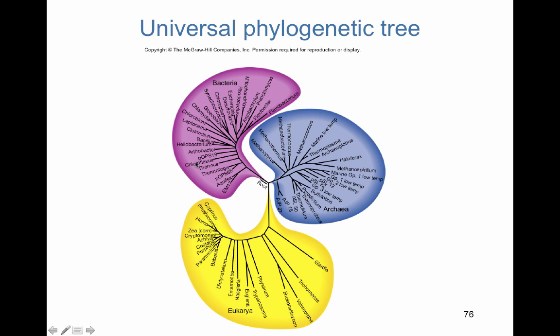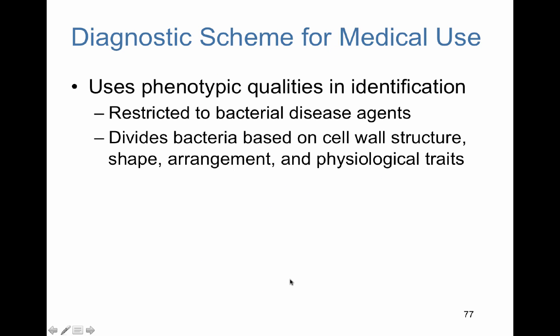And these are the 3 domains, 2 of which I just mentioned. So Bacteria, Archaea, and then the third is Eukarya. And also the microbes that fall into this domain are the protozoa, the algae, the fungi, and the helminths. So those are all the ones that we will talk about this semester.